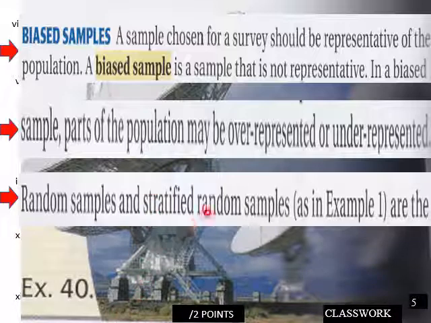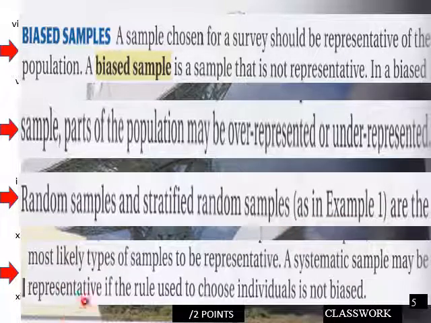Random samples and stratified random samples, as in example 1, are the most likely types of samples to be representative. A systematic sample may be representative if the rule used to choose individuals is not biased. So bias is a sample that would not be representative.